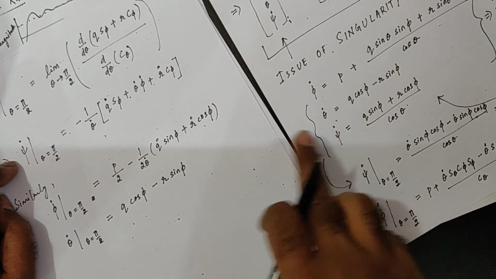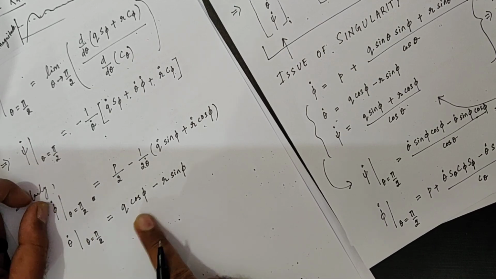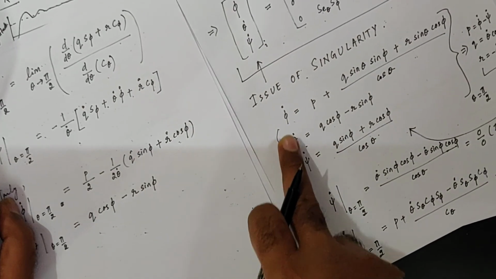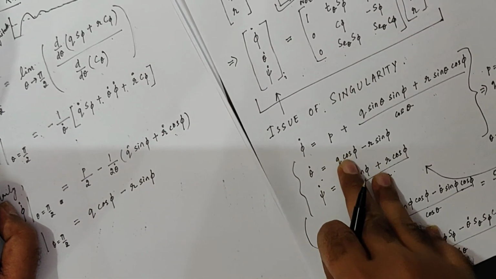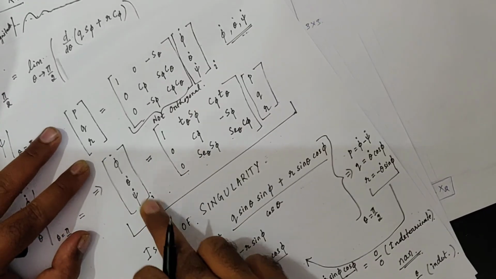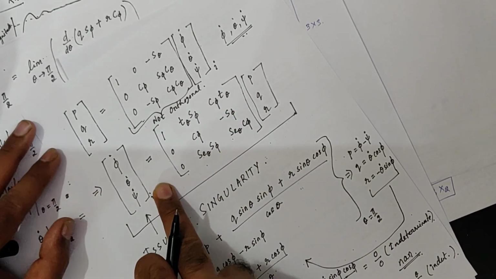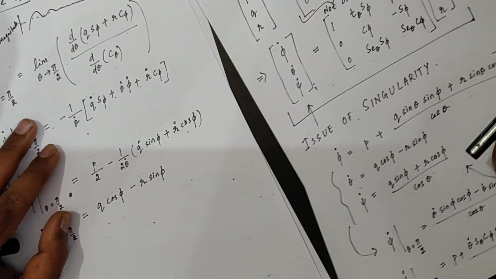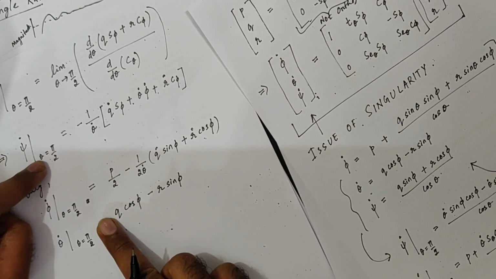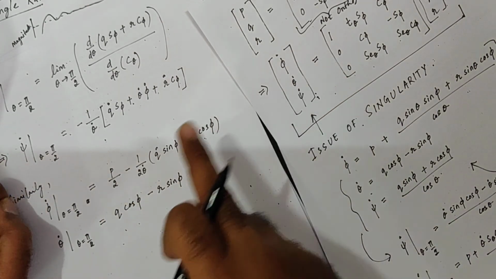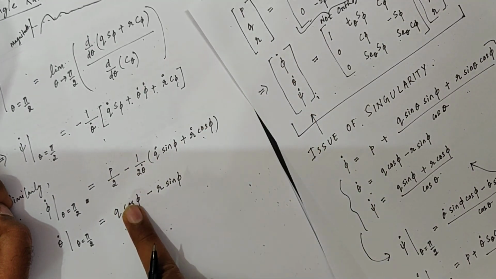For example, when theta is not in the neighborhood of pi by 2, we can use these equations. When theta is in the neighborhood of pi by 2, then we need to switch our computation from here to here.